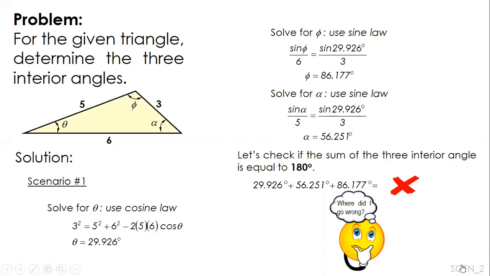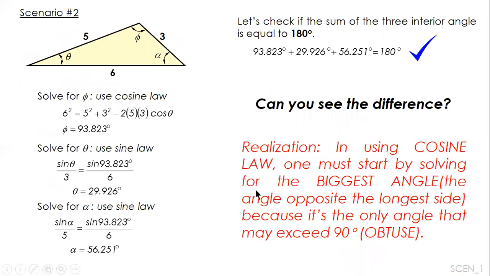That is why, if you don't want to cry later, use the correct procedure. You should start with the biggest angle, this one, and then theta. After phi, you can do alpha or theta, and then the third one, you can use 180 minus the two angles. That is safe. And for sure, check your answers.